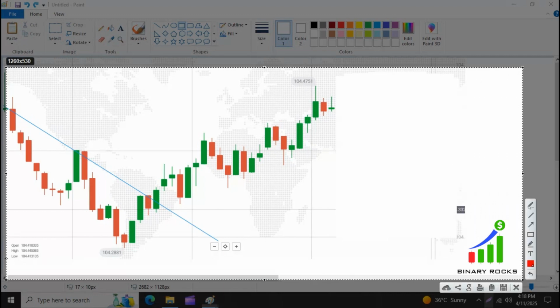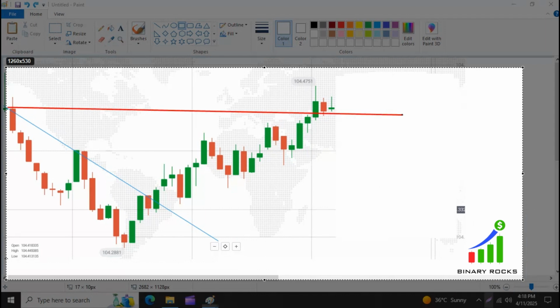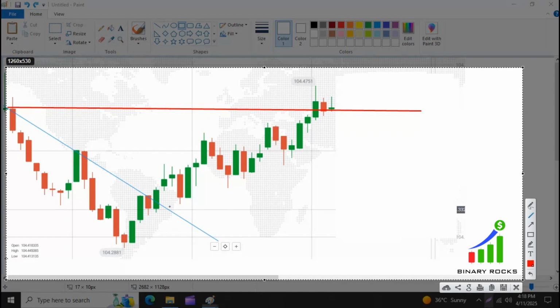Now we have a tricky situation. Finally we got a weakness in the candle. Here I got levels, which was the previous resistance, SNR, trend line. Now, what is the next candle? Here, if you notice, sometimes in these areas we have only a few things to check.